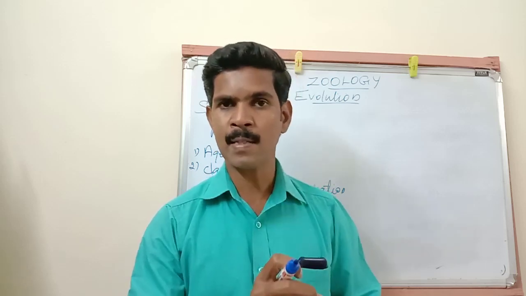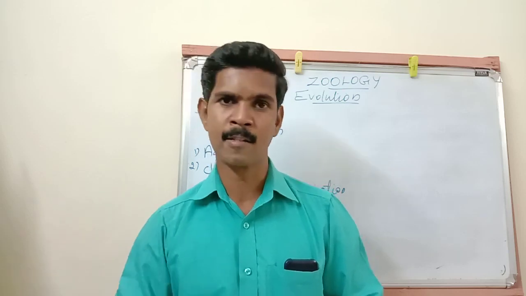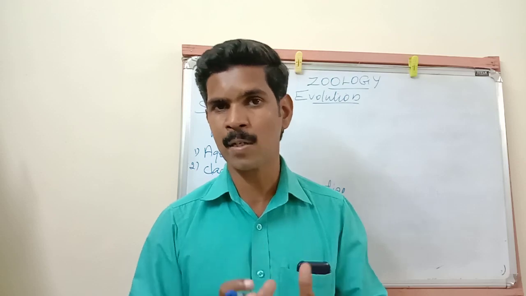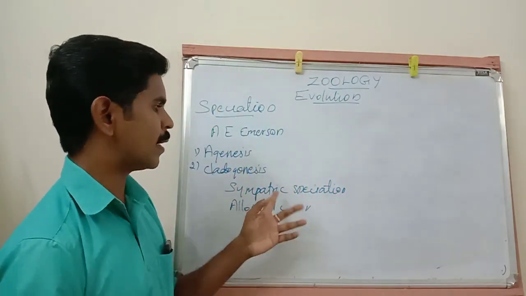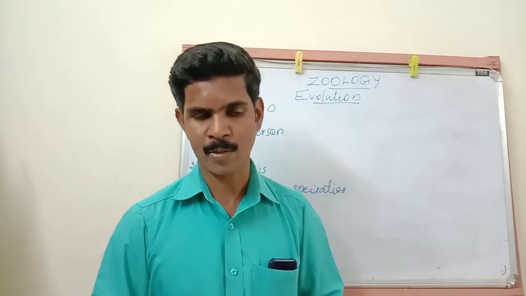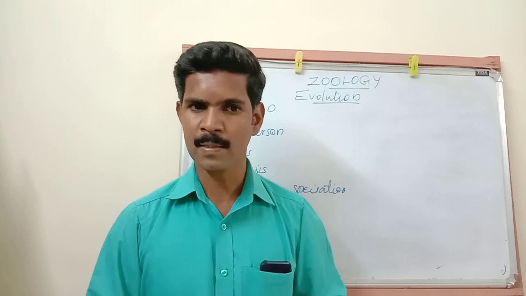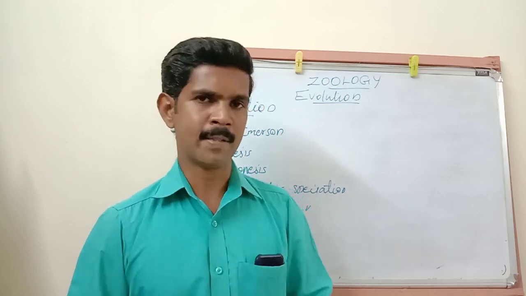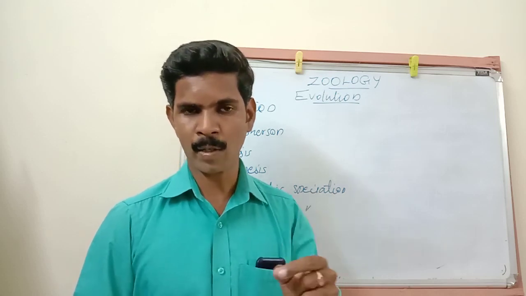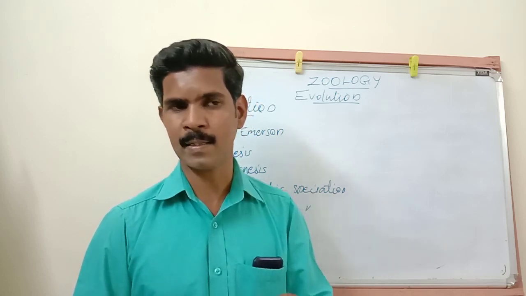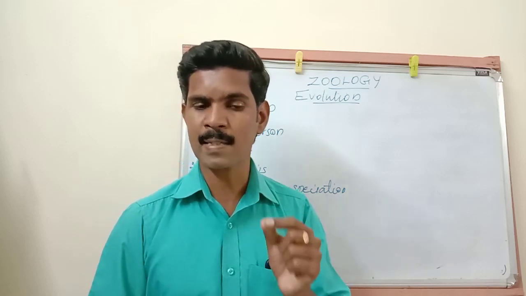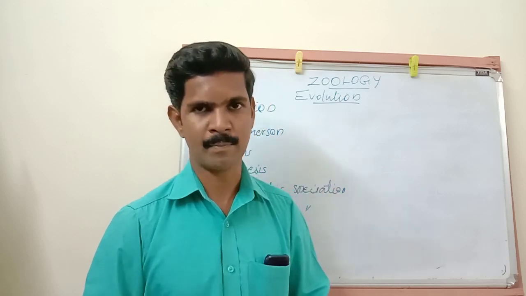So one new species evolves from the ancestral species, but both species are living together in the same geographical area, so it is called sympatric speciation. According to this, the new species evolve due to some modifications in the ancestral species.